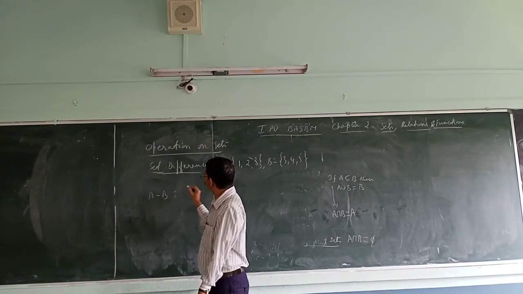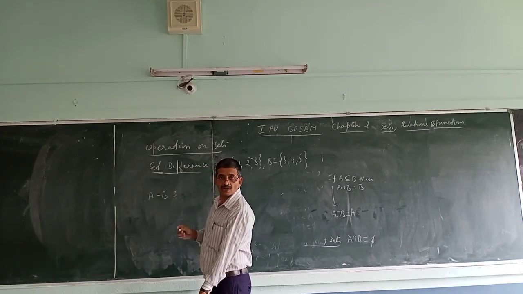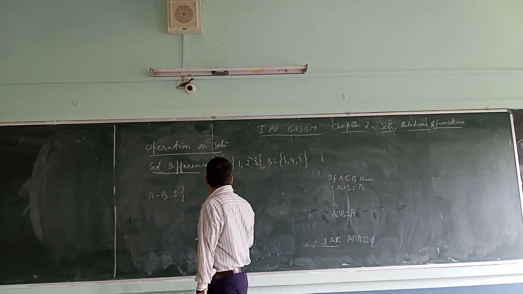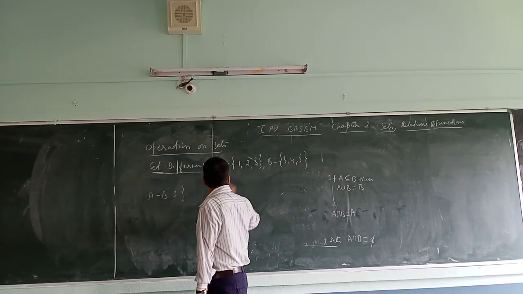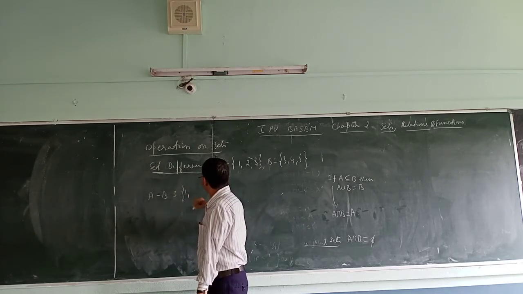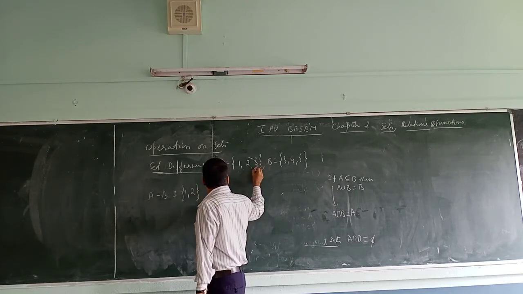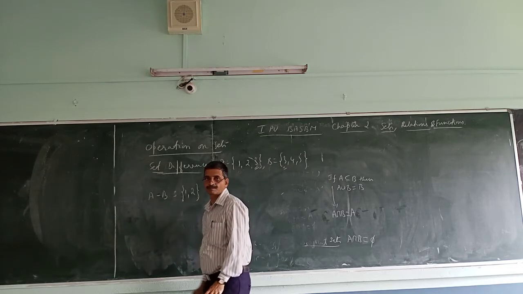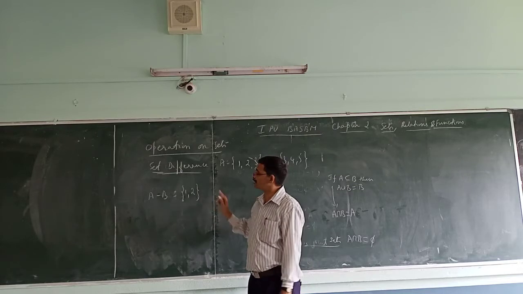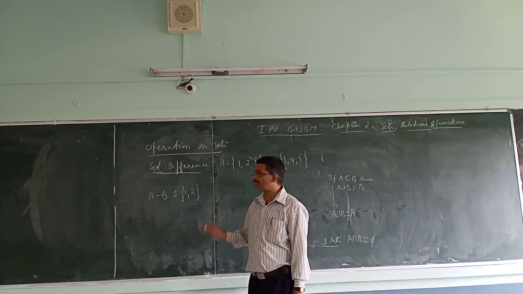A minus B is the set of all elements of A which are not in B. See, A is 1, 2, 3 and B is having 3, 4, 5. So it is 1, 2. The common element you remove from A. So A minus B is the set of all elements of A which are not in B.